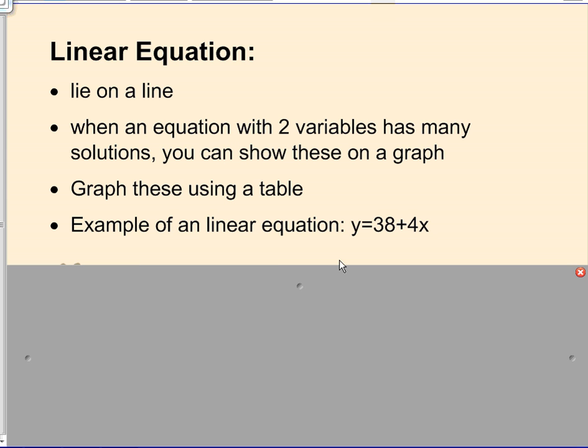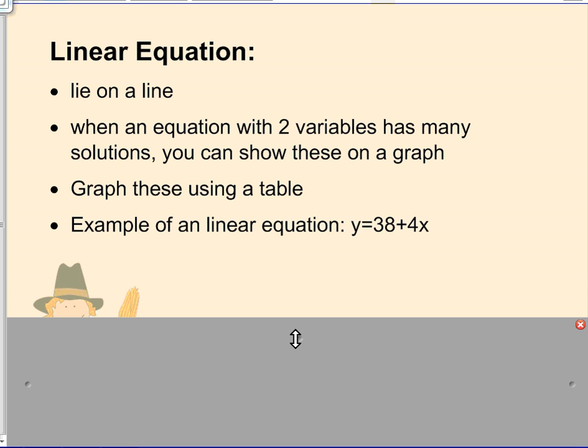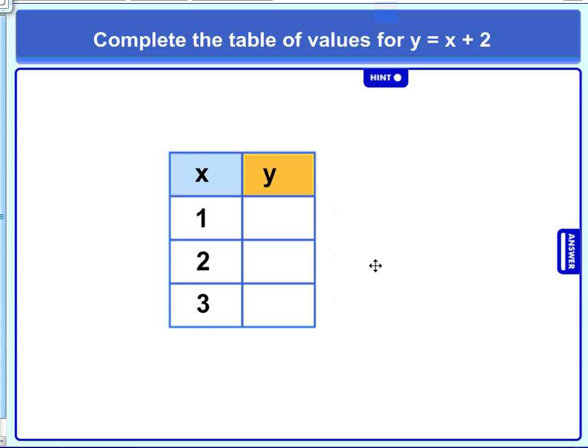Alright, an example of this would be y equals 3 plus 4x. Alright, so this is the official definition of what a linear equation is. Okay, you can use linear equations to actually solve problems and graph equations.